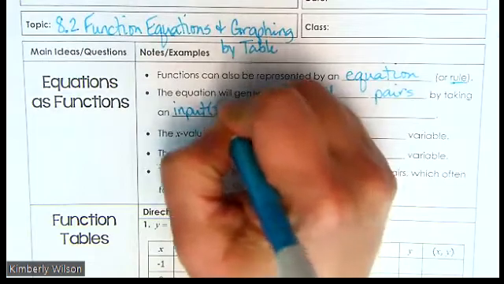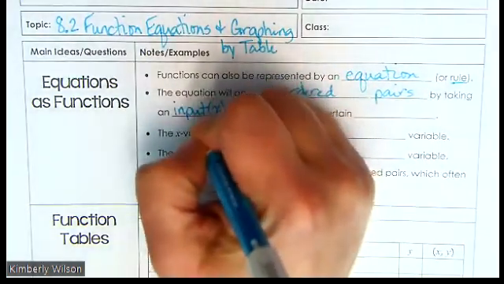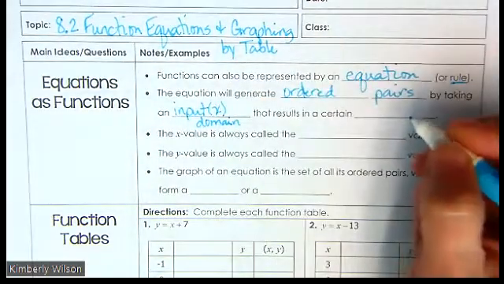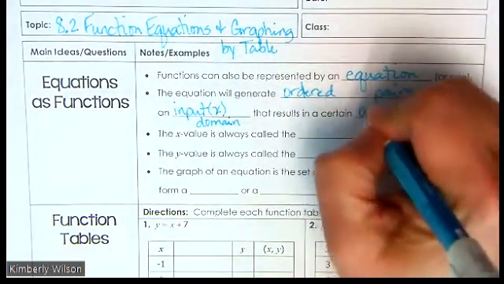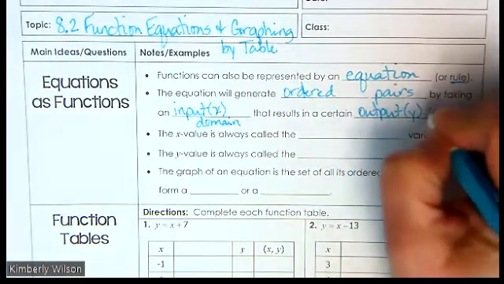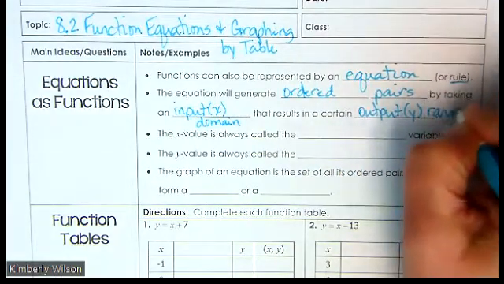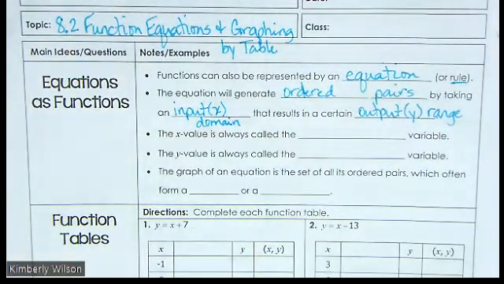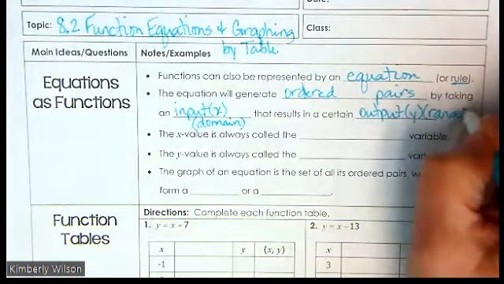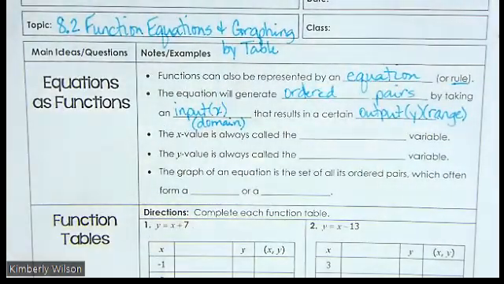which is the x, which we also talked about before as being the domain, that results in a certain output, which is the y value, which we also learned is representing the range, okay? These are all interchangeable words. They mean the same thing, and you have to know that, okay?